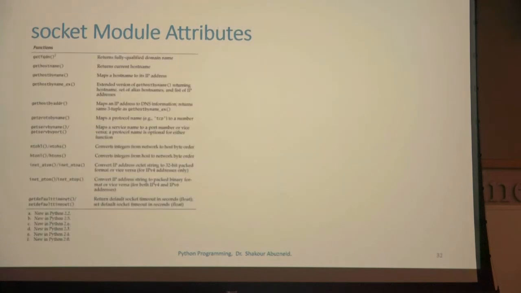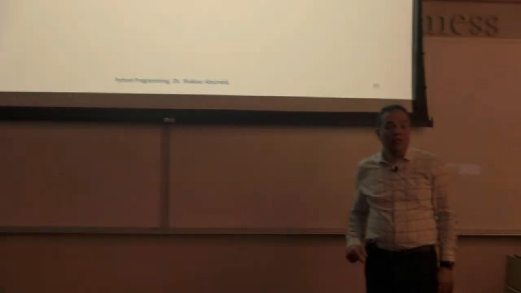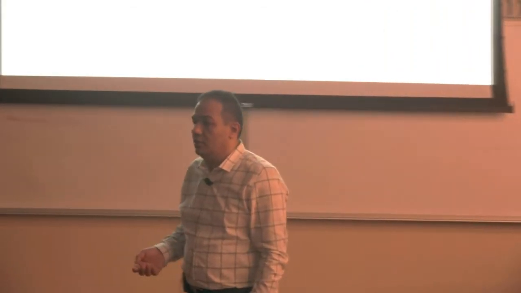These are the modules. The socket module is very simple. There is another module as well. In Python, it comes with modules, right? For example, last week you covered GUI.